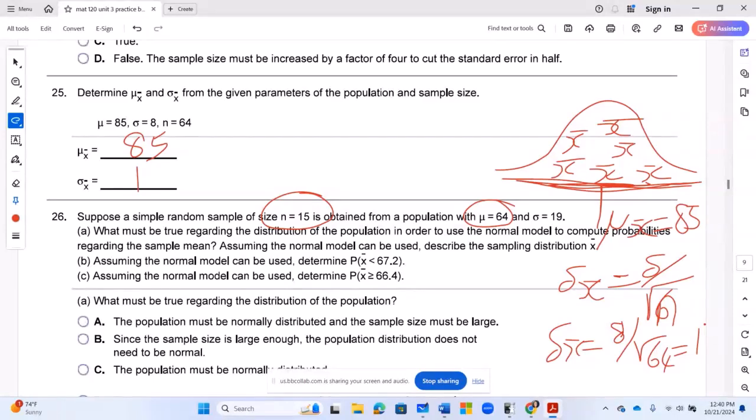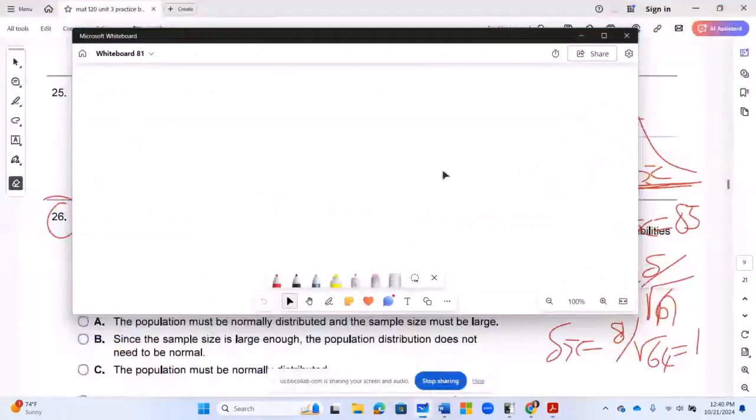For this number 26, I am going to clear all the things written above. Actually, I can use my whiteboard. So now I'm going to use my whiteboard.